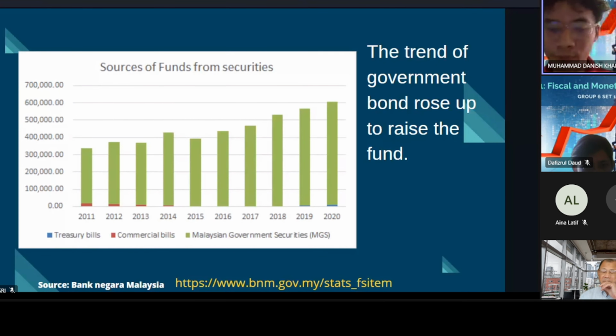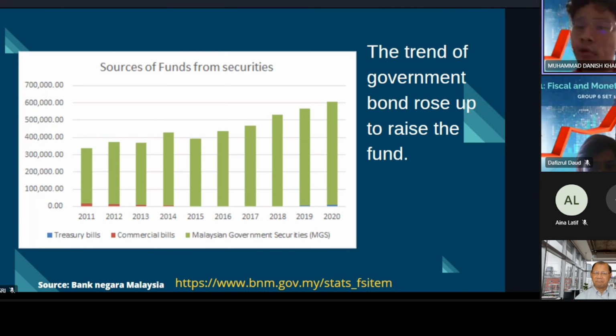The Malaysian government sold a lot of MGS to its own people and corporate companies through the bank market to get the funds to make the fiscal injection with a lot of stimulus packages such as Penjana, Prihatin and so on.